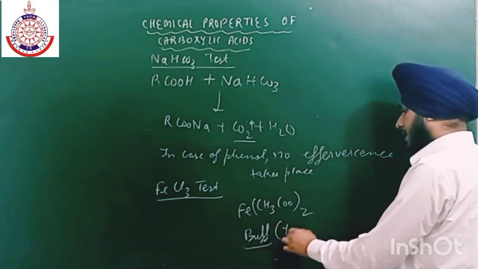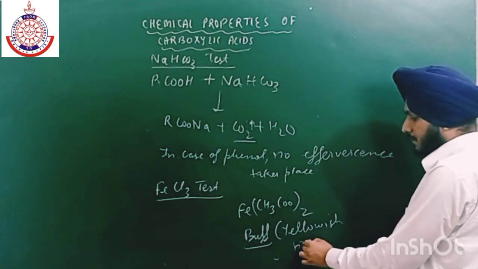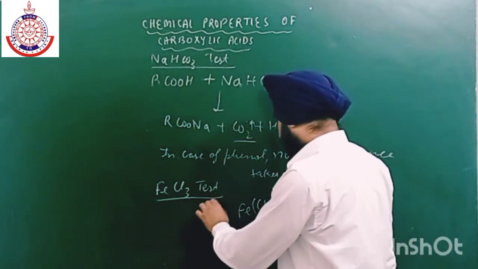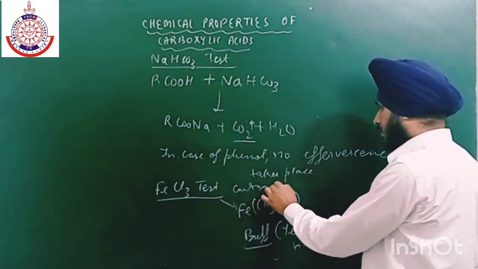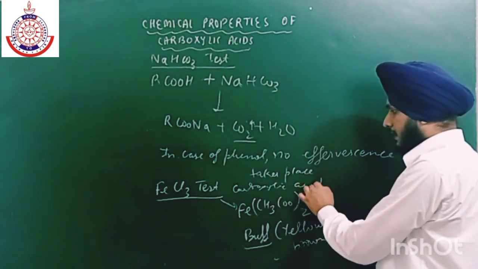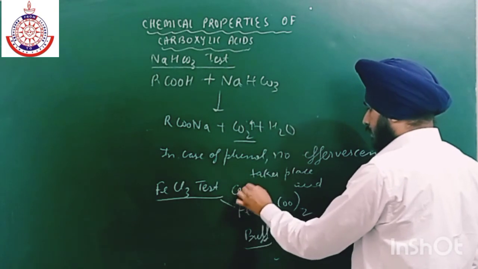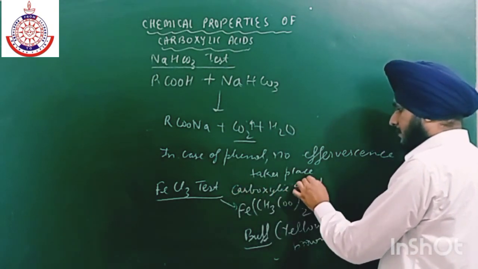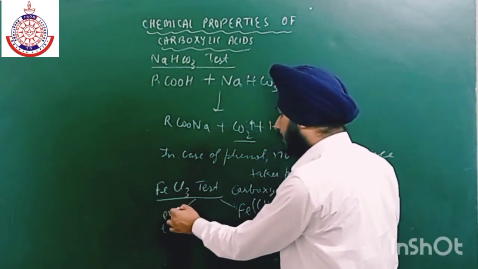So yellowish brown color precipitate will be formed with carboxylic acid, and with phenol violet color will be formed.